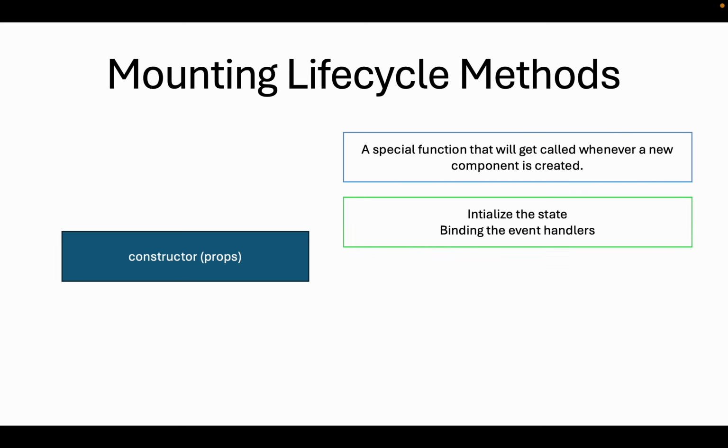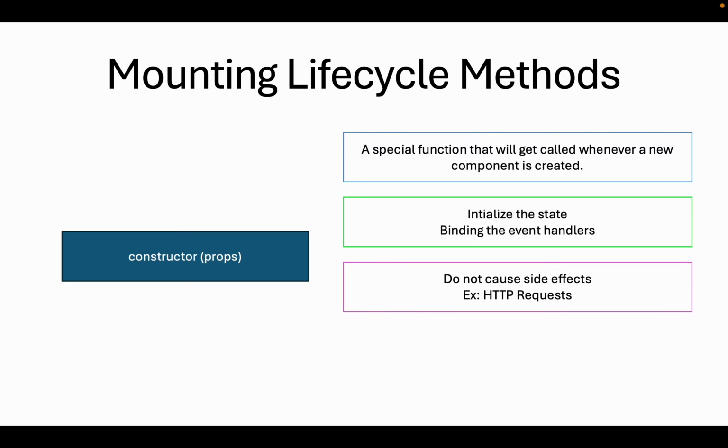In this method, we can initialize the state and bind the event handlers. Any kind of event handlers we have in our class, it's best practice to bind them using the constructor, and you can initialize your state values inside the constructor.